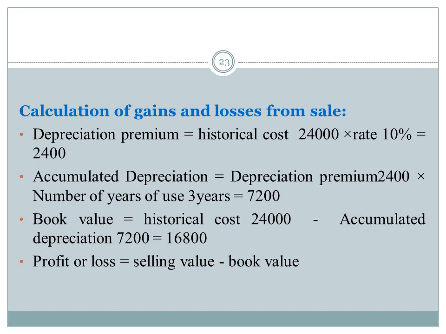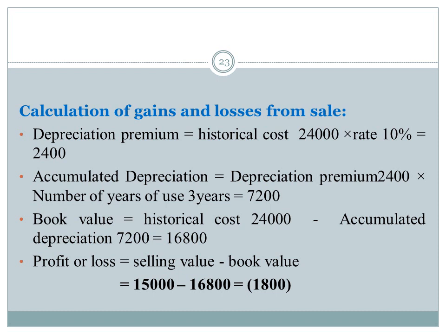If selling value is greater than book value, the result will be gain. If sale price is smaller than book value, the result is loss. 15,000 minus 16,800 equals minus 1,800, so the result is loss.